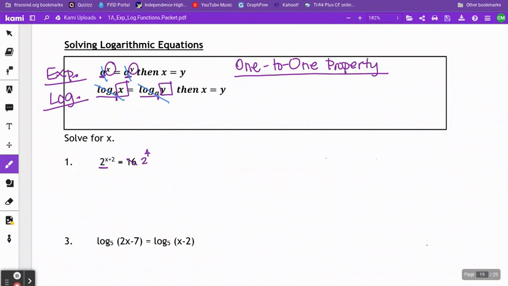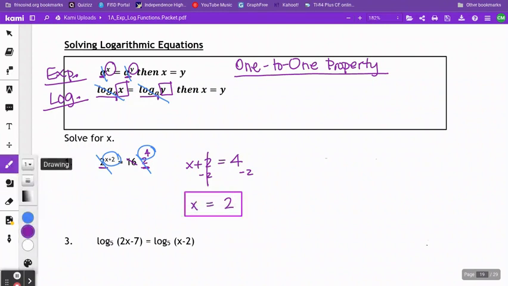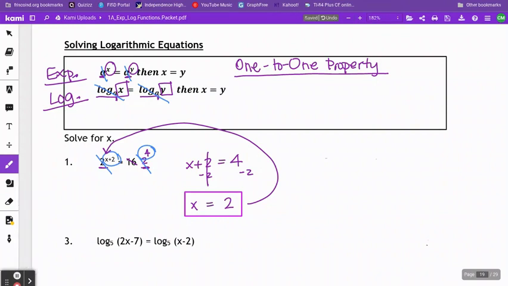I have bases of 2, so we're going to just pull off the exponents and set them equal and then solve our equation. And we can always go back and check by using the calculator and putting this value into my equation wherever x is located and calculate. We can always do that with any kind of equation.